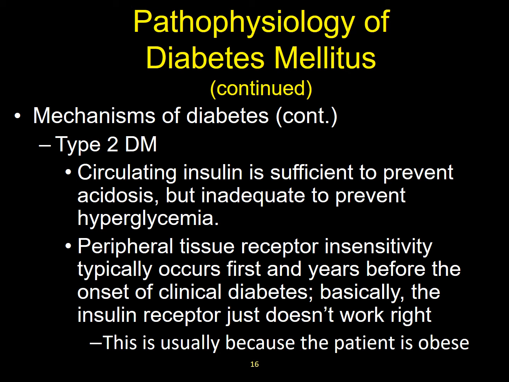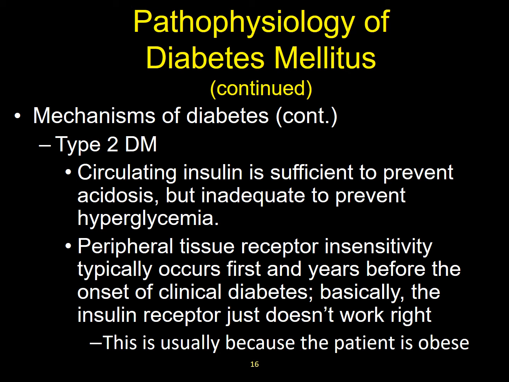Sometimes the lines get blurred, but in type 1 diabetes, because there is no insulin at all, the body is completely unable to metabolize glucose as a fuel source. So the only thing it can metabolize is fat, because remember, fat can get into the cell without a transporter.